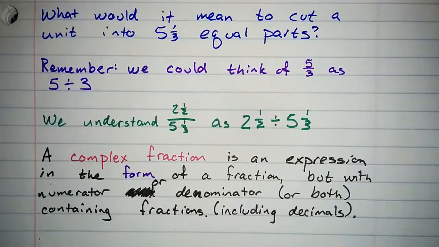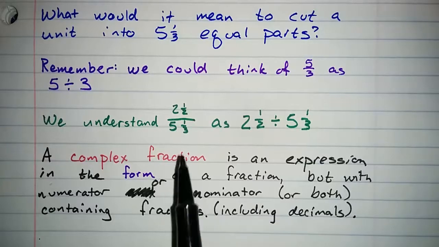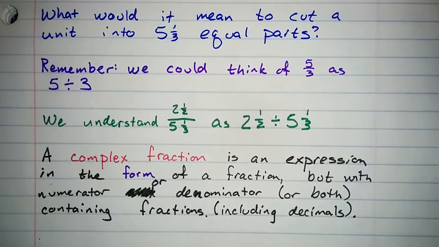A complex fraction is any expression that takes the form of a fraction, so it's got a big horizontal line in the middle of it, but the numerator or the denominator or both contain fractions. And remember, decimals are just a kind of fraction. So they contain fractions or possibly decimals expressing fractions.